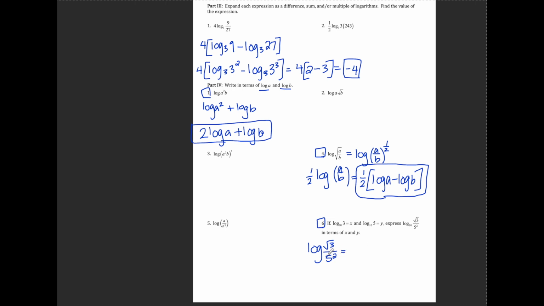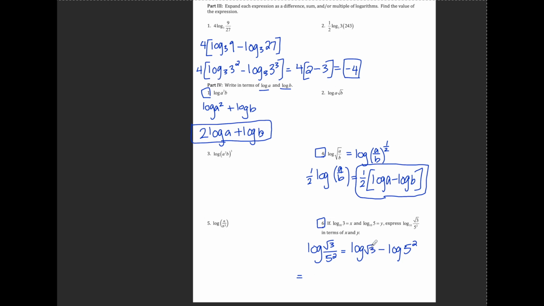Now notice, this is different from number 4 because in number 4, this entire quotient was being raised to the 1/2. In number 6, each part of the quotient, so the numerator and the denominator, each have a different exponent. So that's why I'm not going to worry about the exponents first. I'm going to worry about the division first. So when I split up the division, I have log of rad 3 minus log of 5 squared.